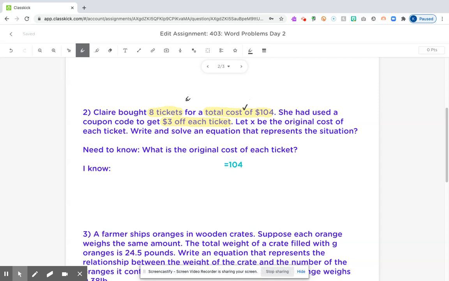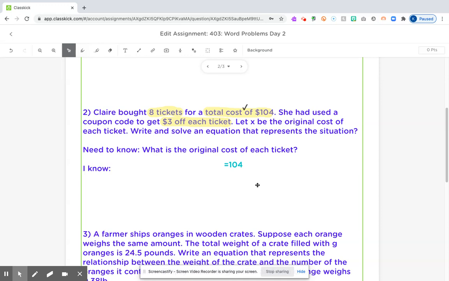Now we are left with 8 tickets and $3 off each ticket. Okay? So let's look at $3 off each ticket. Well, we don't know how much a ticket cost. So we know that 3 is going to be with our variable because it's $3 off each ticket.